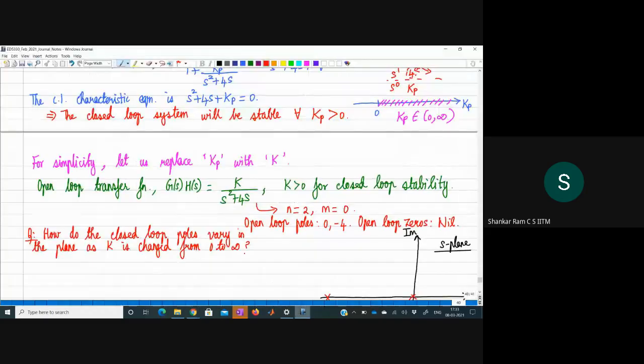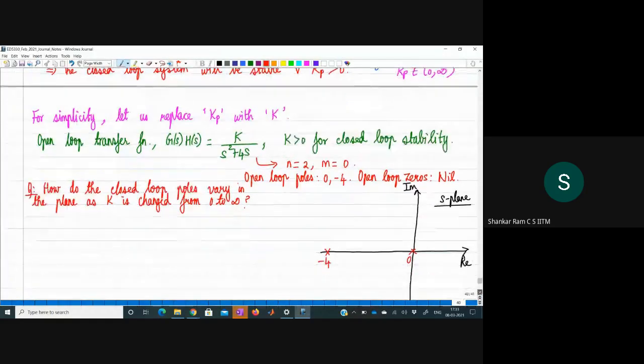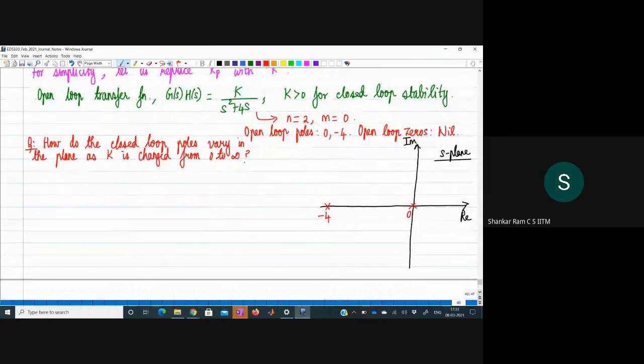Now the question is, how do the branches start from open loop poles at k equals 0, then go to open loop zeros as k tends to infinity, and some go to infinity? Why is that? Let me explain that. Let's go through each step one by one.